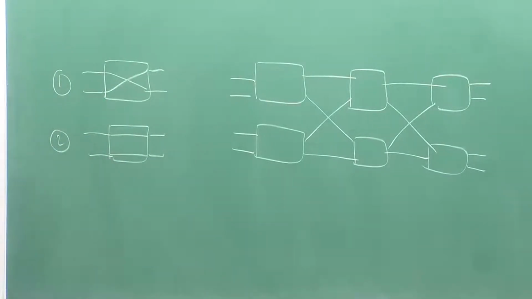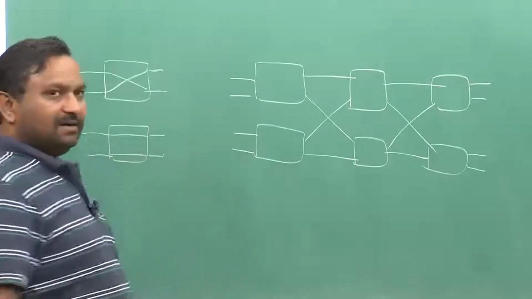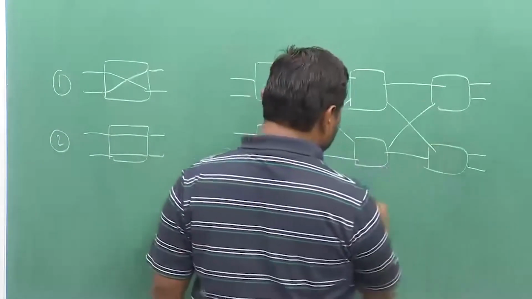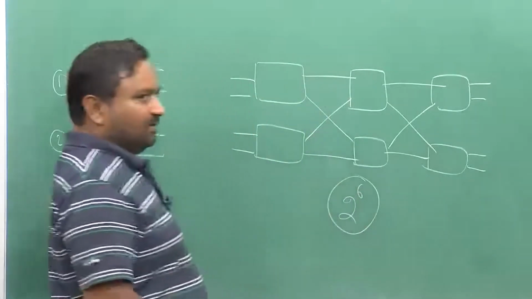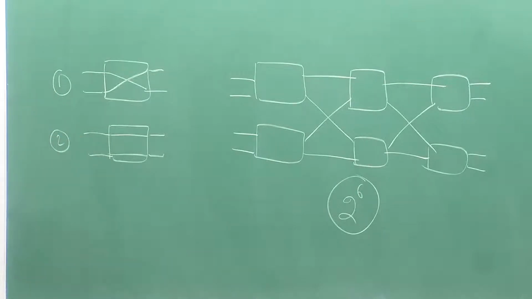Each one of these 2 by 2 switches can be either in cross or in bar, and there are a total of 1, 2, 3, 4, 5, 6 switches. So, there are a total of 2 raised to power 6 possible configurations, which implies 64 possible combinations which can exist. In the 2 by 2 case, there are only two combinations.